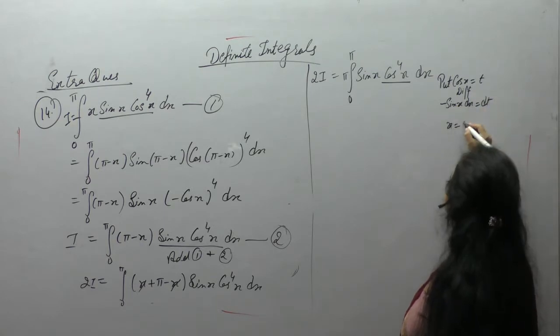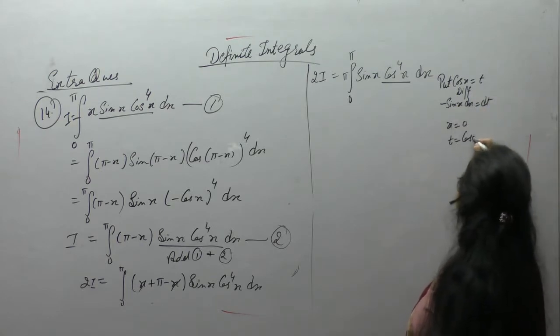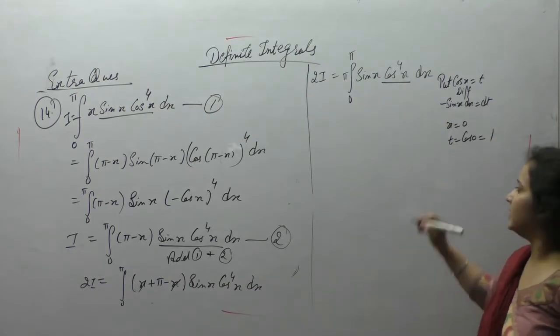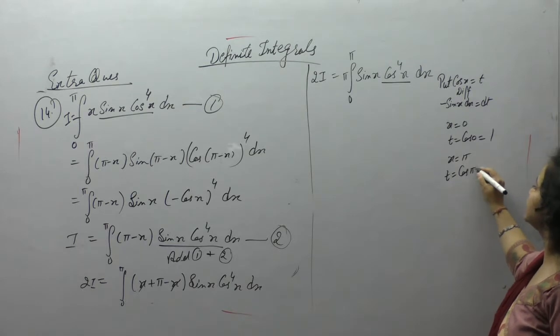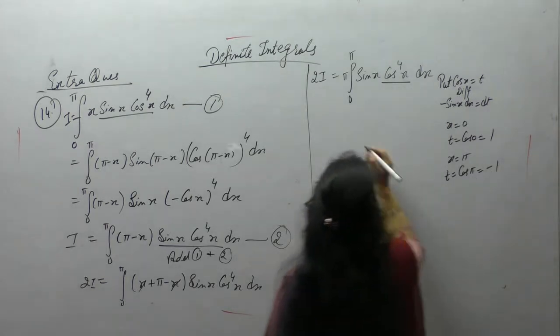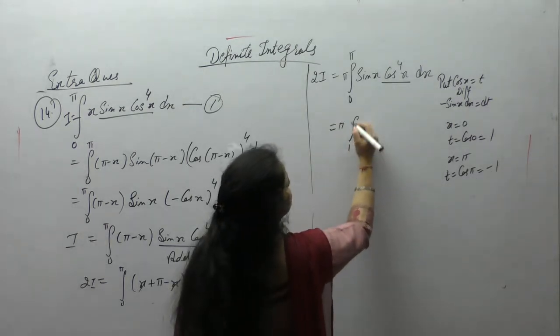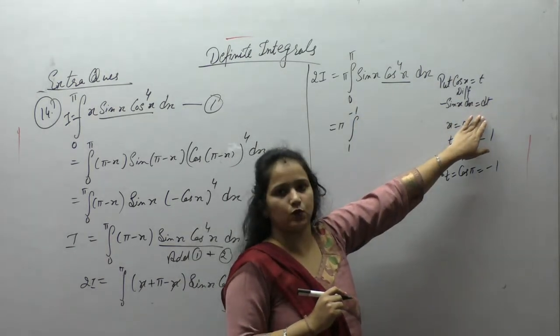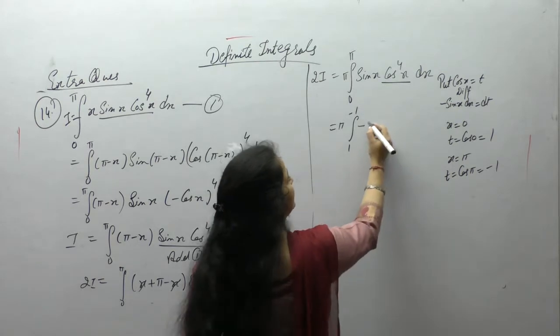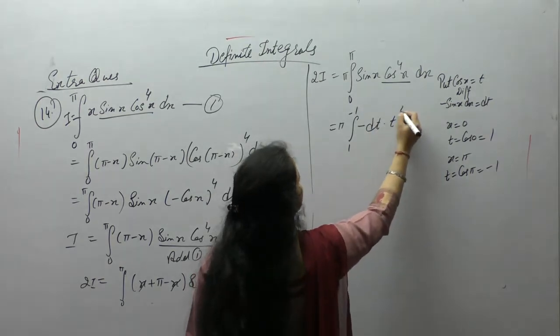Now when x is 0, cos 0 is 1. And when x is pi, cos pi is minus 1. Limit goes from 1 to minus 1. Sin x dx is equal to minus dt and cos x is t.